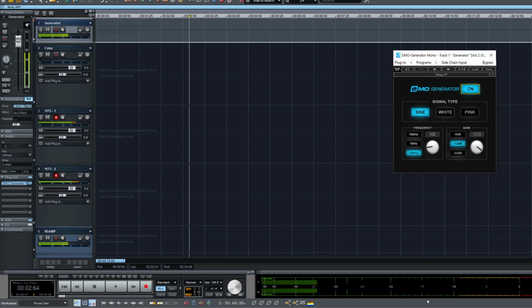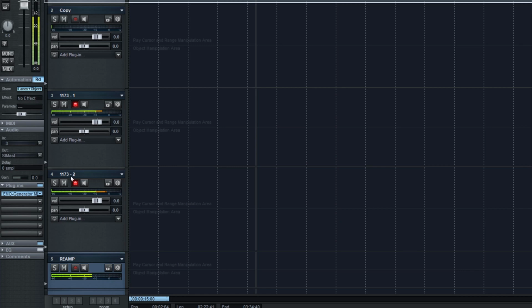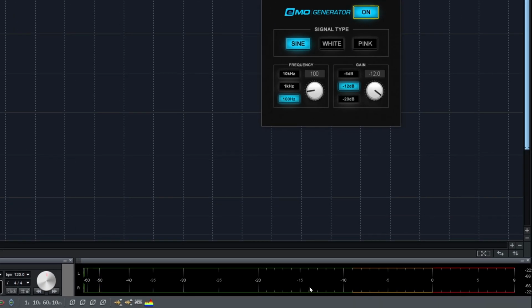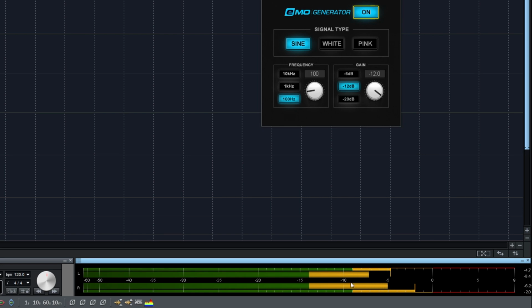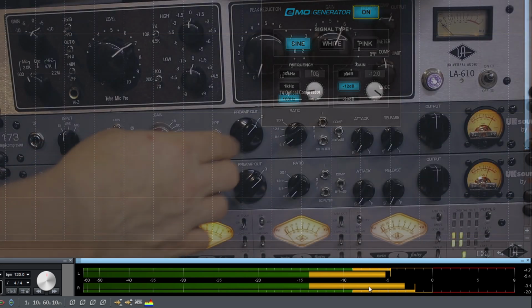I see that the signal is a bit too loud. You see on the tracks. To be more accurate, what I'm going to do is change the meter here to show the input instead of the output. So you see, it will be easier to change the levels and get equal levels on both units.